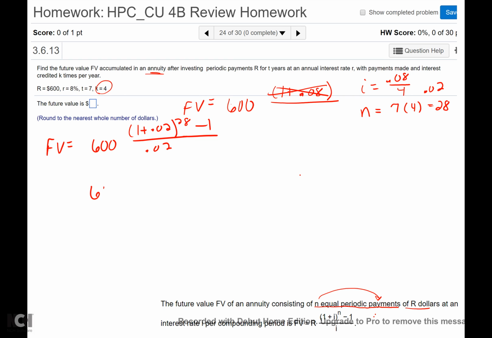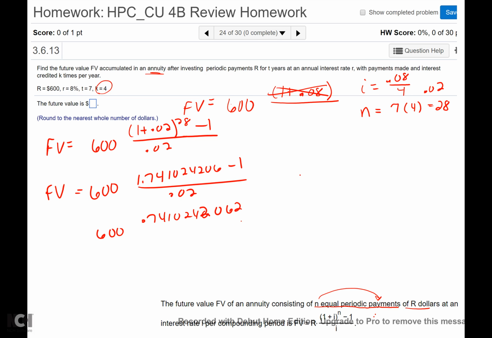That gives me 600 times 1.74102426 minus 1 over 0.02. So minus 1, and you get 600 times 0.7410242062 divided by 0.02.